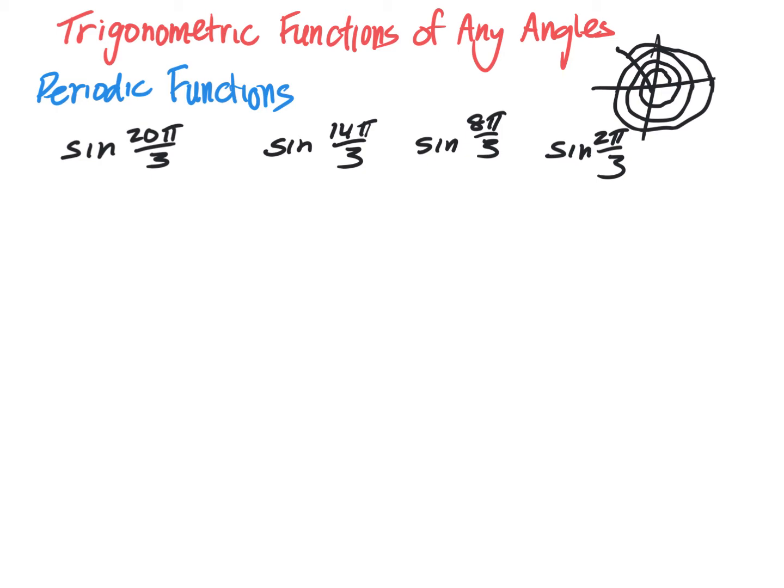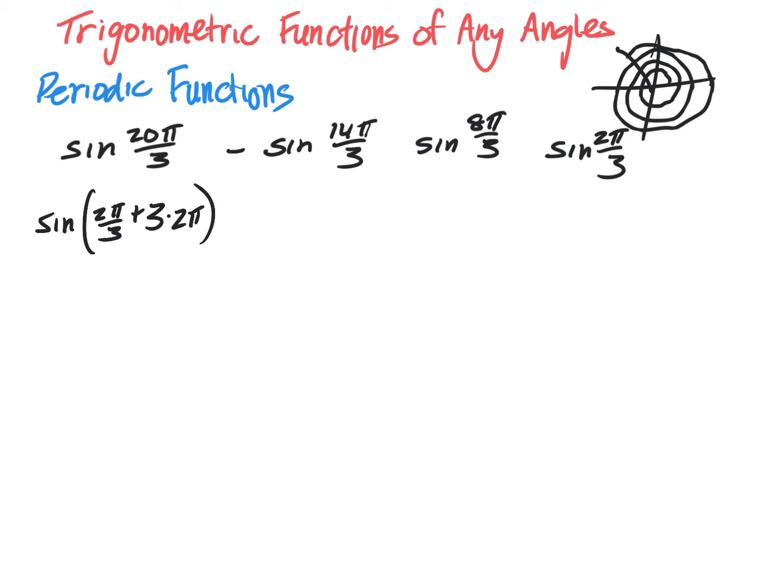So what we can do is rewrite all of these angles. We can rewrite 20 pi over 3 as, since we went around the circle 3 times, 2 pi over 3 plus 3 times 2 pi.